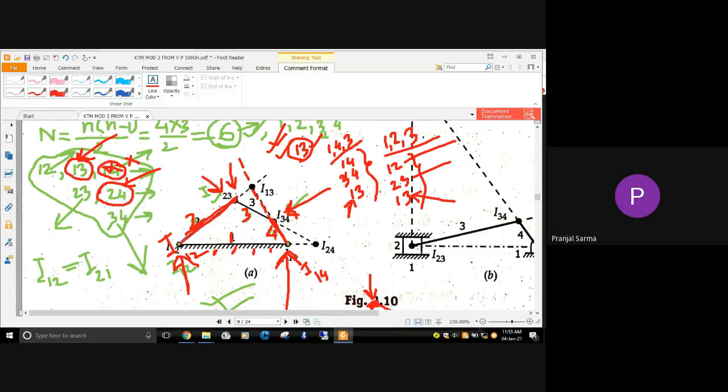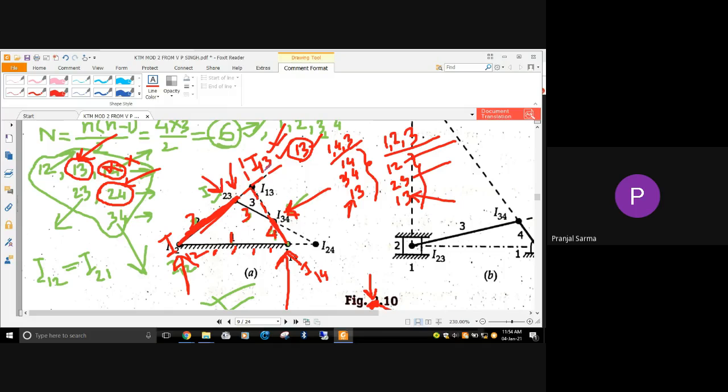So the last one, the remaining one, I13, will also be on the line which joins these two instantaneous centers. Now one logic says it should be on this line, and another logic says I13 should be along this other line. So when both logics are satisfied, it will be at the point where both of them intersect. So I13 is located. Done?